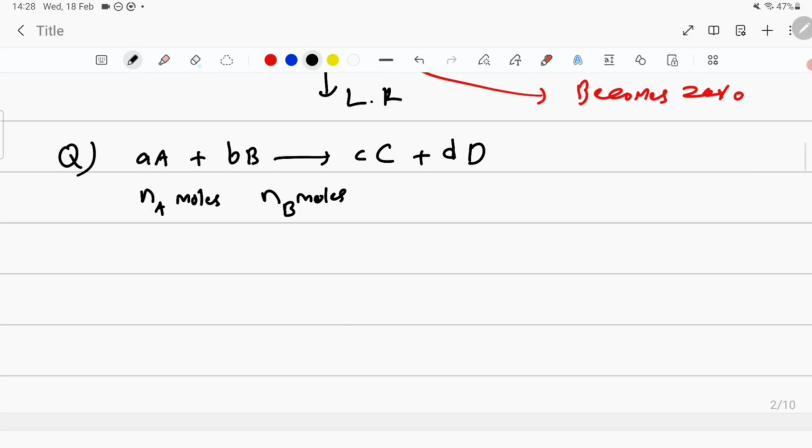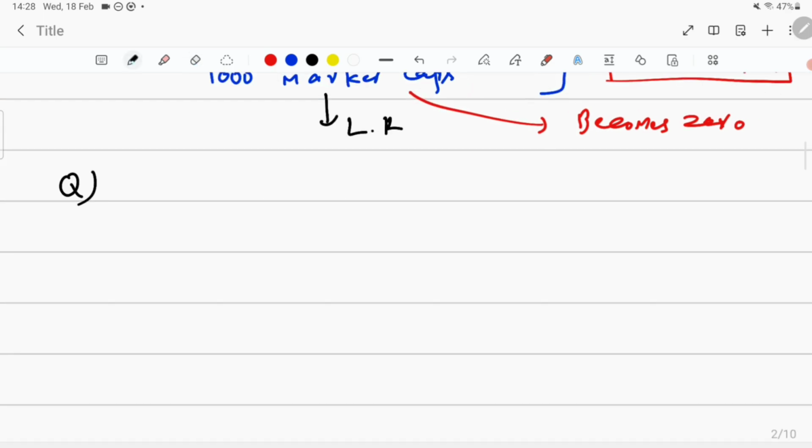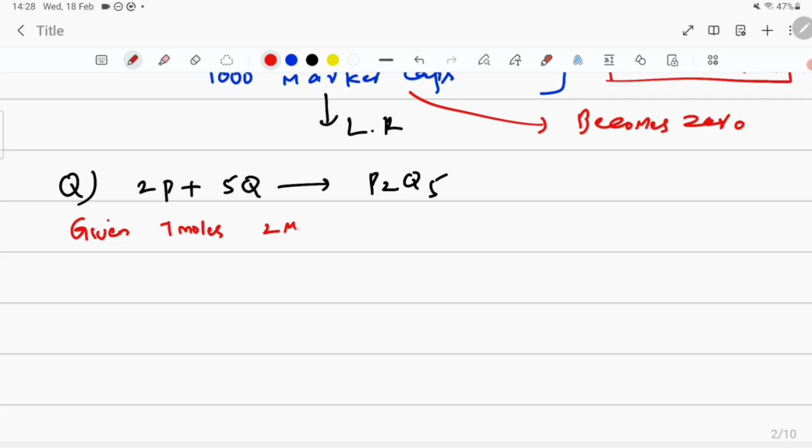Or an easy way, instead of this complex example, you take a simple example: 2P plus 5Q is equal to P2Q5. Here it is given in the question that 7 moles of P and 2 moles of Q are given.